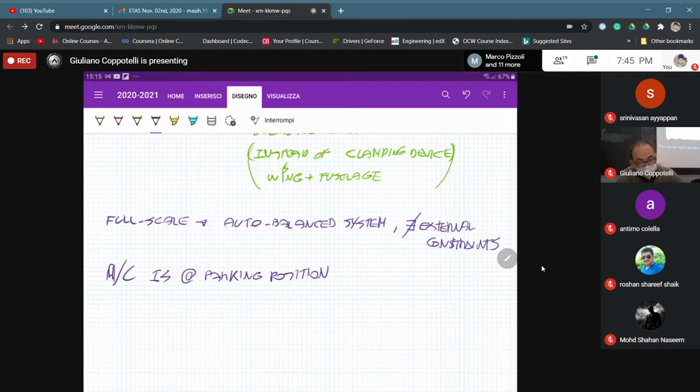Okay, and then we use 6 degrees of freedom springs, or isostatic constraint, for example, at the center of gravity, and therefore we try to test the structure with that supporting device.